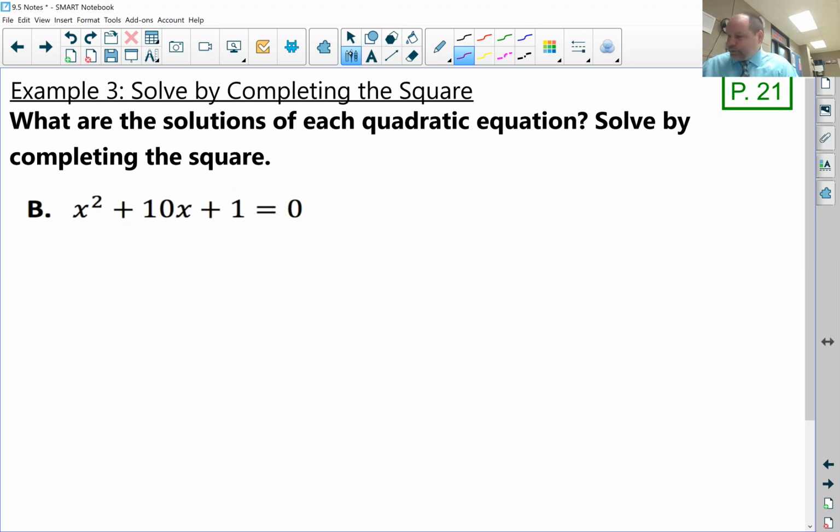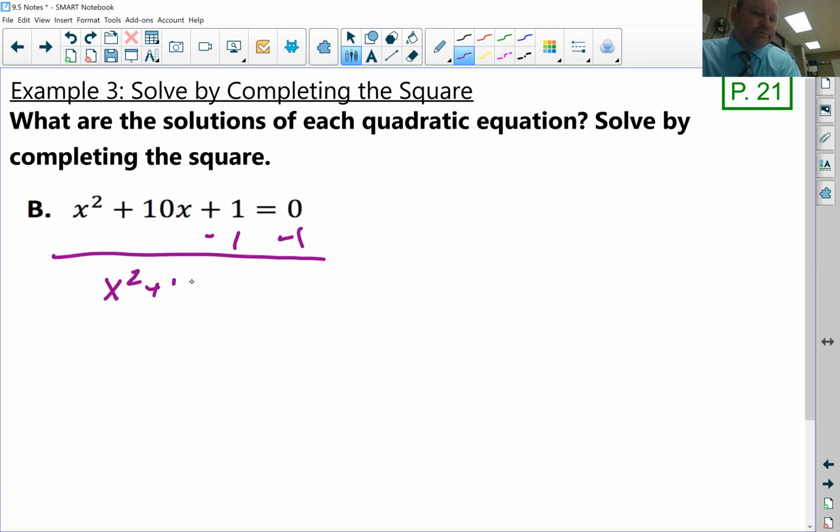So again, we want to get the x's by themselves. So subtract 1 from both sides. I misspoke there. We want to get the x's on one side by themselves, not the x squared.